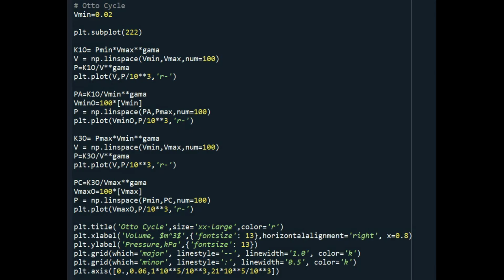The next cycle is Otto. I put the minimal value as 0.02. I inserted the equations for each process and its limits.